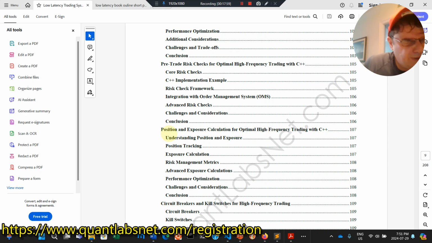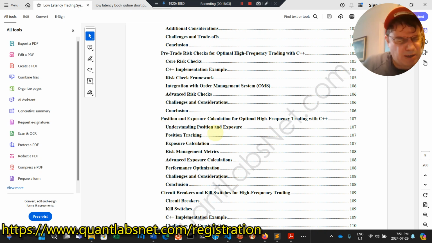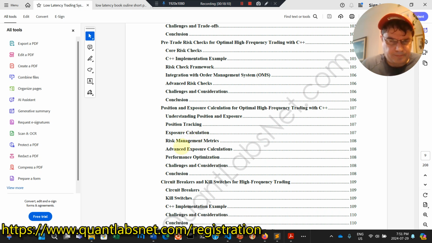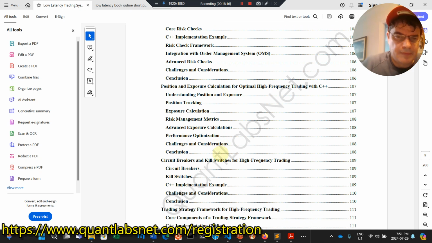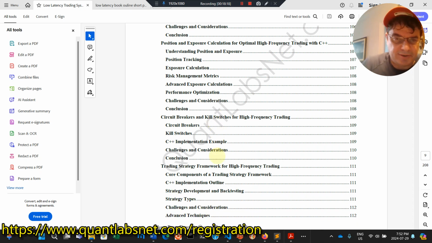Now, this is really important once you start to have open positions and exposure calculation. This is part of risk management. Position tracking, exposure calculation, risk management metrics, advanced exposure calculation, performance optimization, challenges, and considerations.